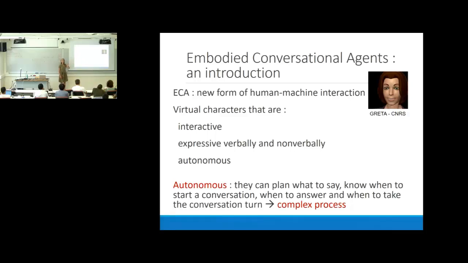That means we aim to have virtual agents that are able to have a conversation with humans. Being autonomous means they have to perceive and understand what the user is saying, plan what to say, know when to start a conversation and when to finish it, and also know how to express themselves, with which expressivity, which display.